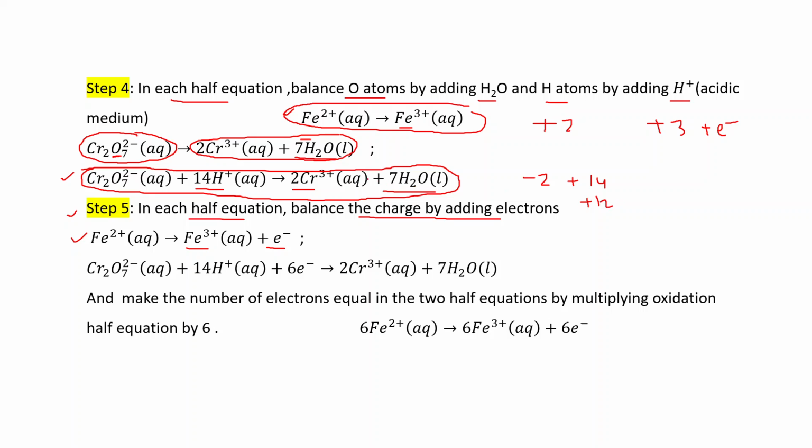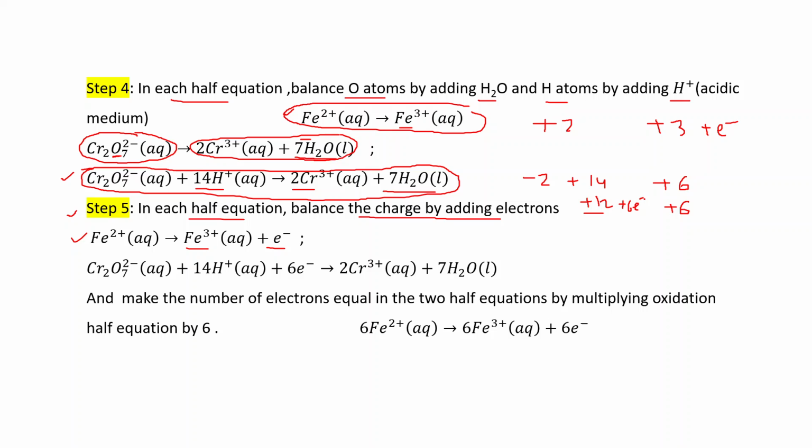In the product side, 2Cr3+, each chromium ion carries 3 positive charge, so 2 chromium ions give plus 6 charge. And the water molecule is neutral. So in the product side plus 6 charge is there, and in the reactant side plus 12 charge is there. So how many electrons should be added? In the reactant side, we will add 6 electrons. Clear? To make the charge equal.